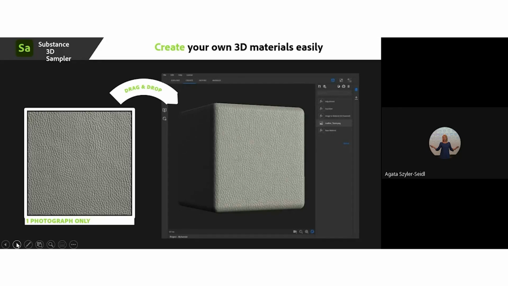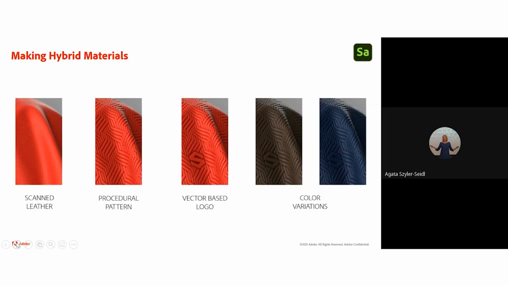Then when we are talking about Adobe 3D Sampler, this is what I was mentioning: just by photographing only the texture and then dropping it into the Adobe 3D Substance set of solutions, you can have it, and maybe you need it for your next creation.